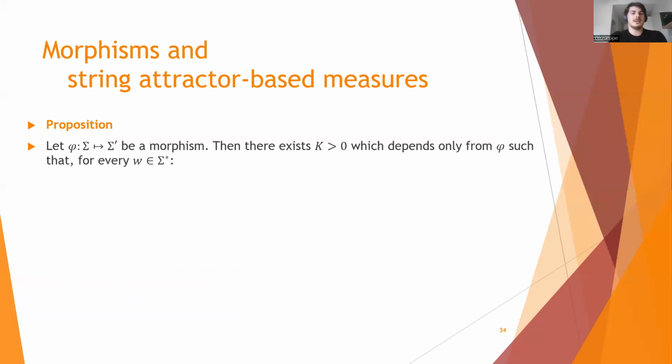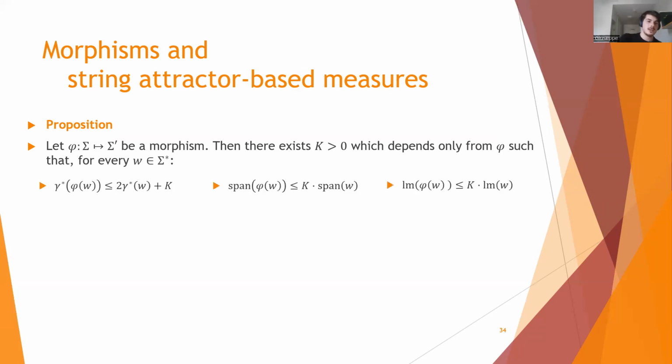In order to present our last result, I need to show this result on finite words when a morphism is applied. Let's consider a morphism phi. Then there exists a constant k, which depends only on phi, such that for every word w, these upper bounds on the string attractor hold, on the span and on the leftmost string attractor.